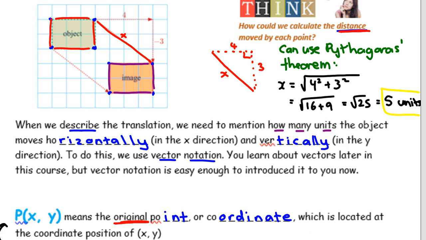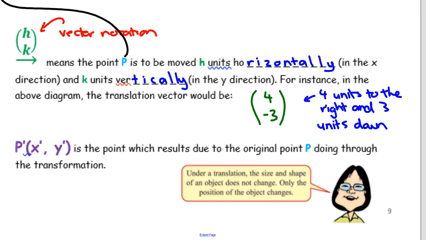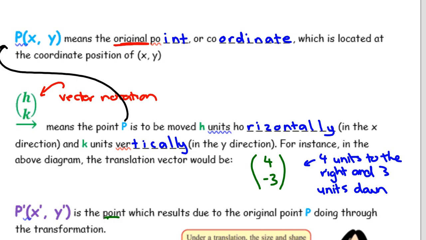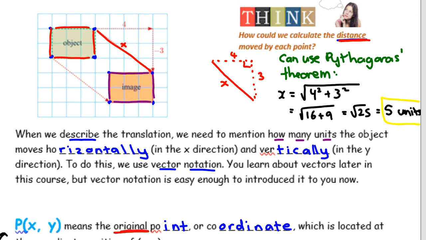Whereas P dash, x dash, y dash is the point which results from the original point P going through the transformation. Let's show an example. If this one was P, this one here would be P dash.